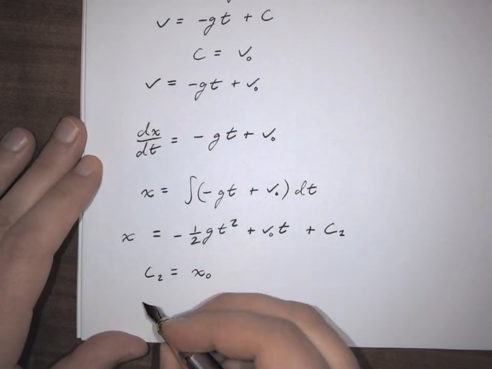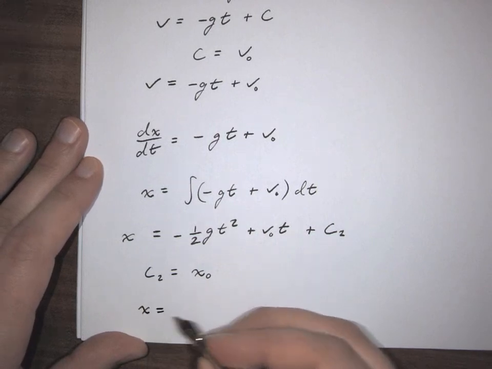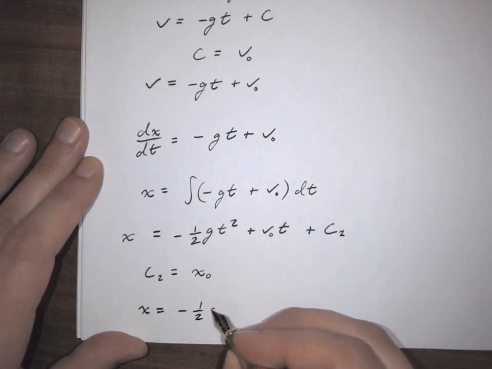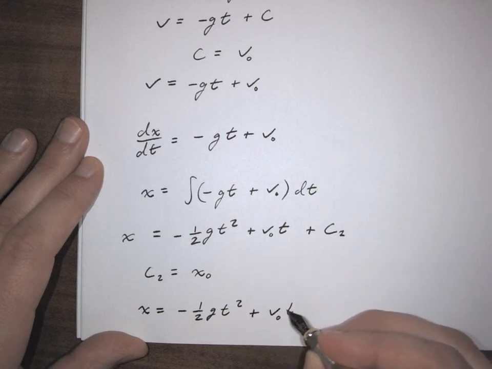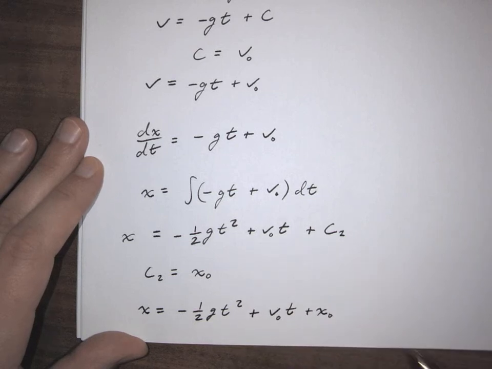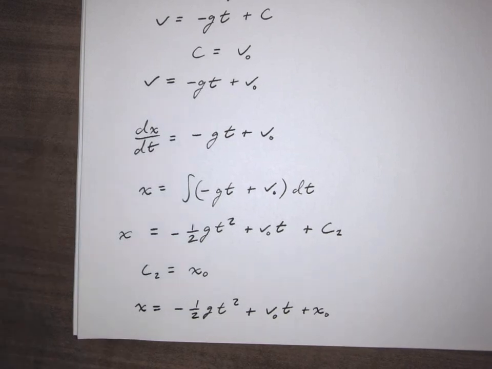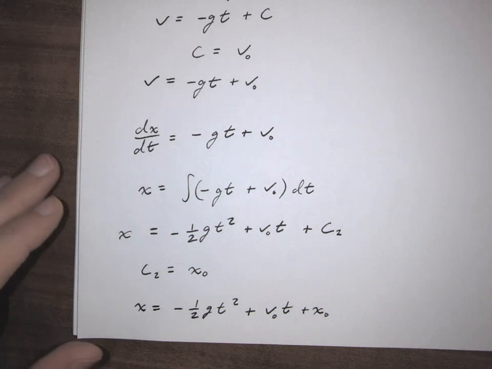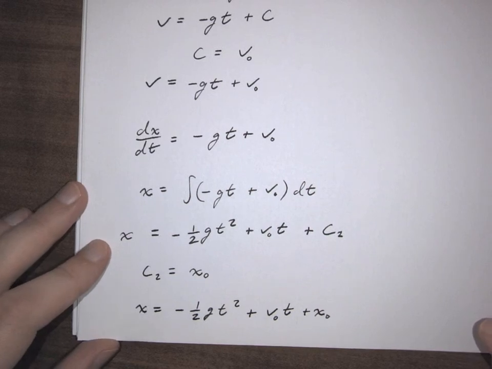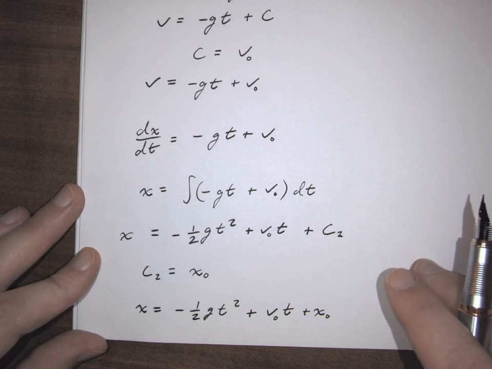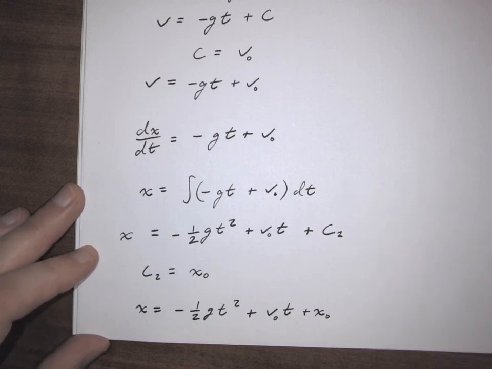And putting the pieces together, x is going to be equal to negative 1/2 gt squared plus v0 t plus x0. So what we have here are the classic equations of motion that you may have seen in a physics class, all treated as differential equations, and in particular, the easy kind of differential equation you get when the right-hand side is nothing more than a function of the independent variable.